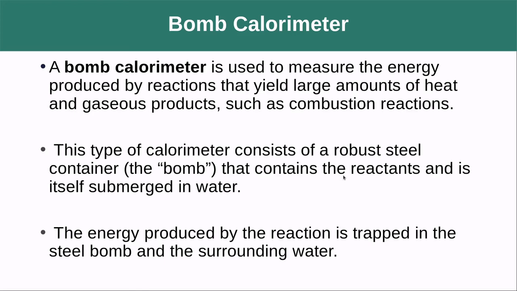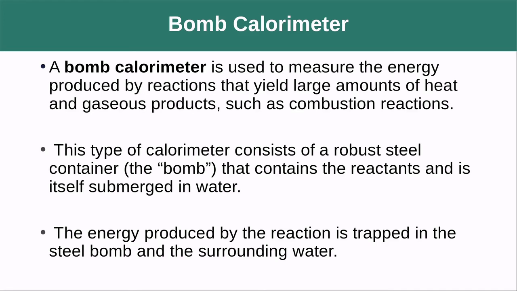So bomb calorimetry. This is pretty useful in the sense that you can basically make almost anything combust completely given the right conditions. And so it's a good way to do calorimetry with things that aren't necessarily going to react very quickly or easily.